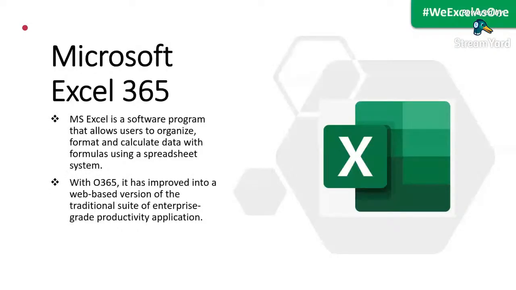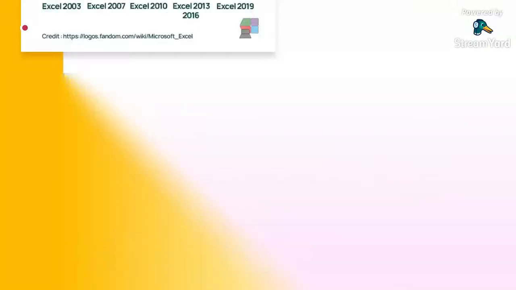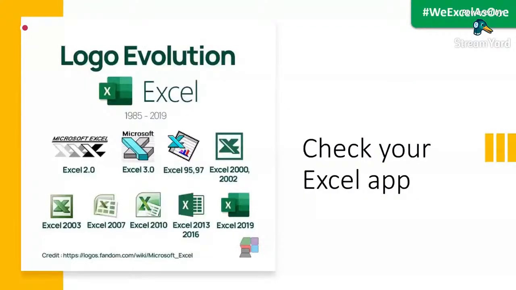Now, it is very important for us to familiarize the different logos, especially the new ones, the Excel 2019 and Excel 365, because this is for us to check if we have installed the latest version now that we have our 365 account with your tenant, holycross.com.ph, right?